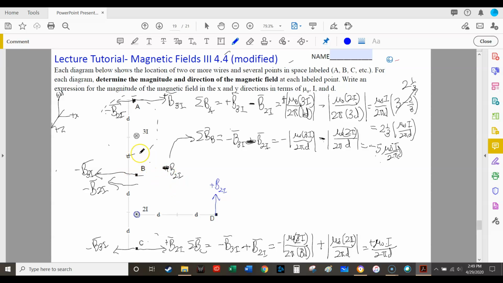So this wire right here, this 3i wire, this 3i wire is going to be blue, and it's into the page, and that means over here it's going to actually be pointed down to the left.